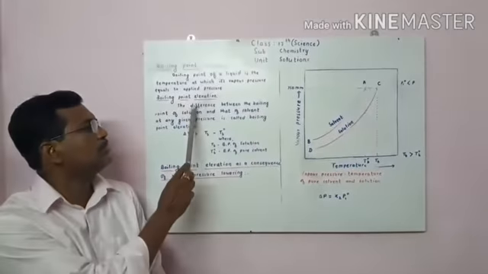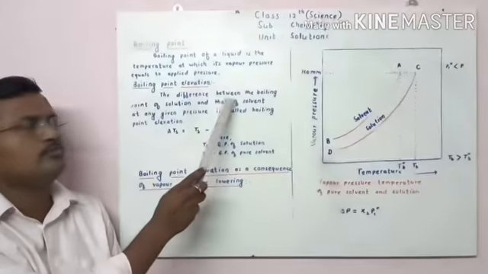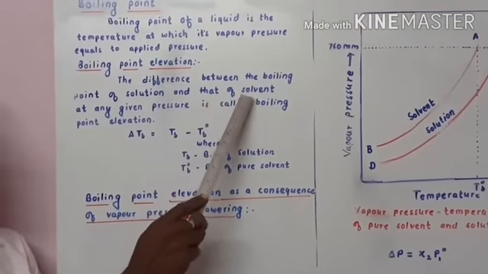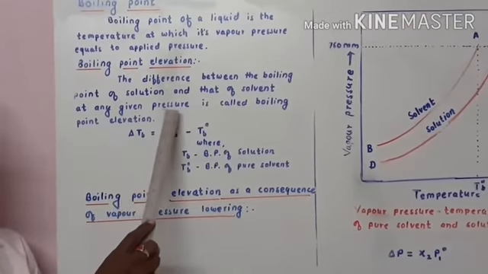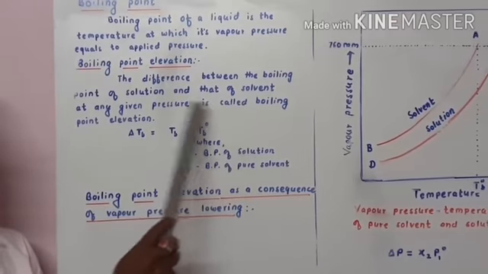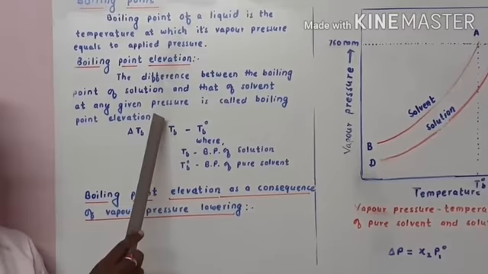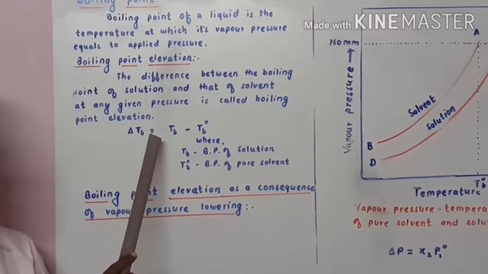So the difference between the boiling point of the solution and that of the solvent at any given pressure is called boiling point elevation. Boiling point elevation is denoted by delta Tb.